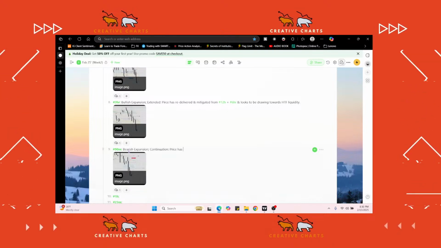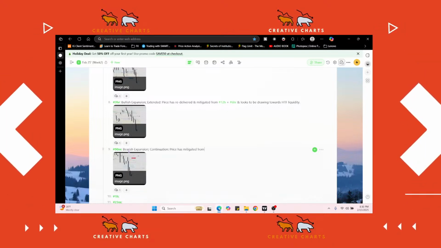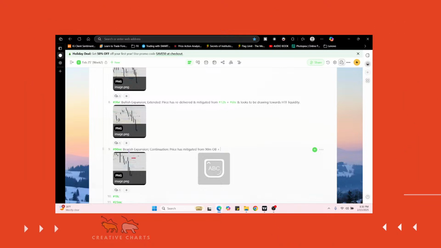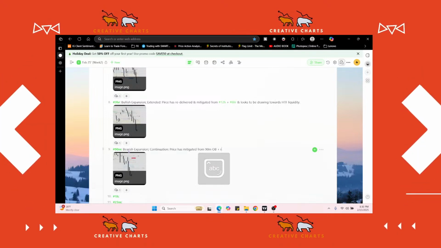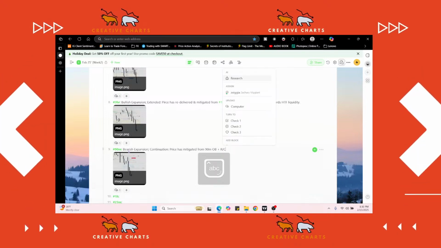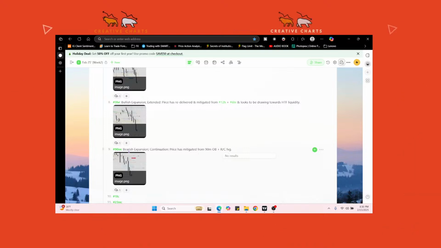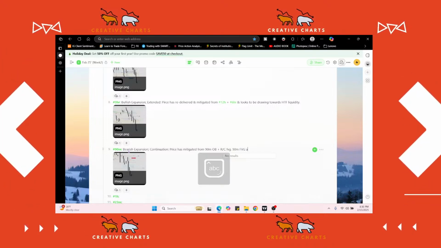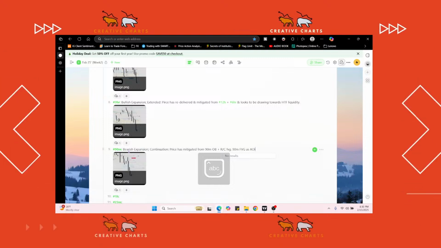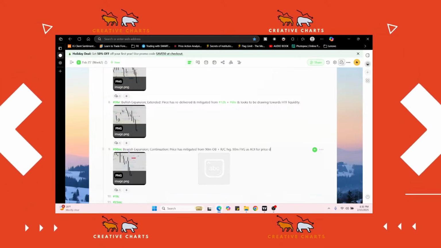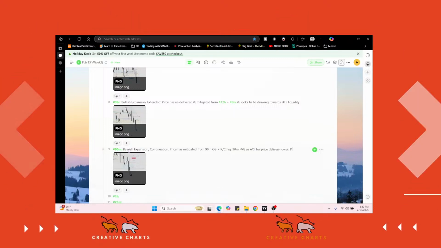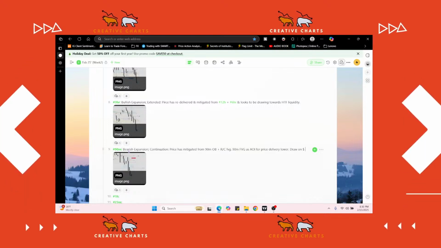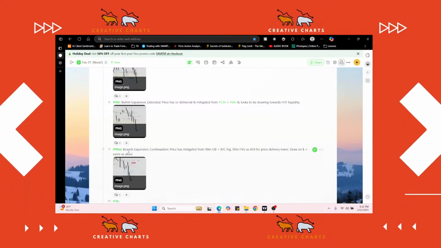Price has mitigated from 90-minute OB plus reclaimed fair value gap. 90-minute FVG as area of interest, which is AOI, for price delivery lower. Draw on liquidity equals same as above.